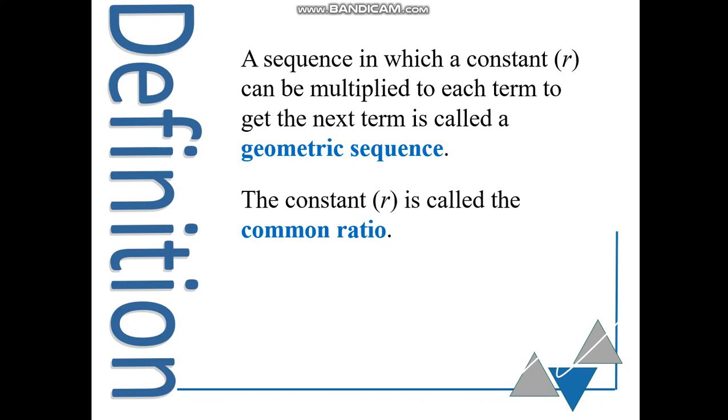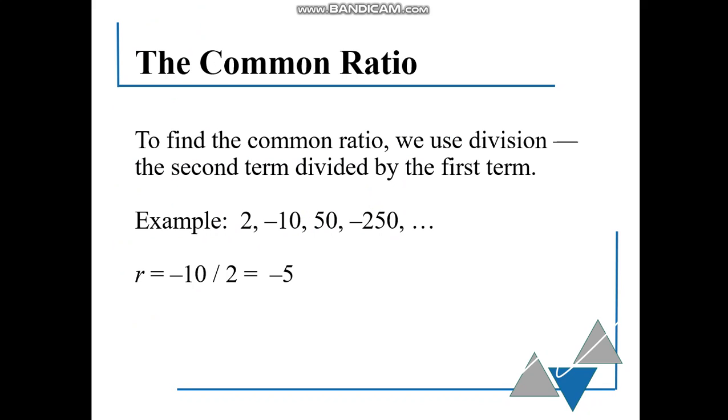And that constant that we're using to multiply is called the common ratio, and we abbreviate it with the letter R. To find the common ratio, we use division. So it's the second term divided by the first term.